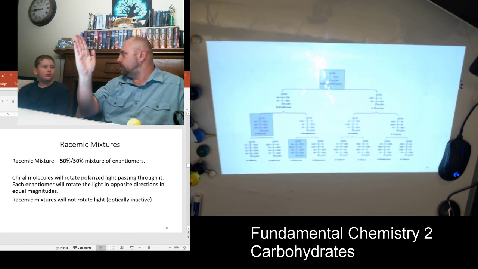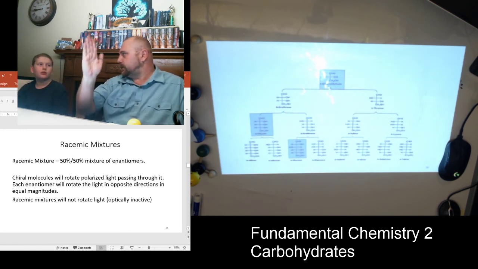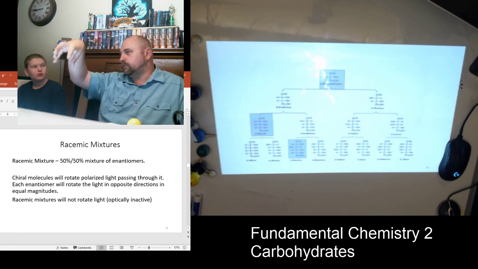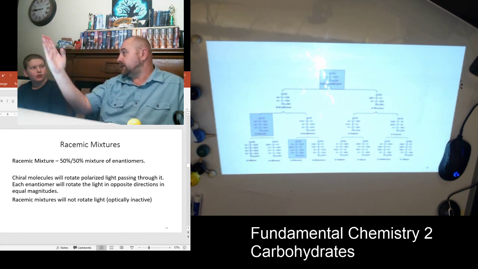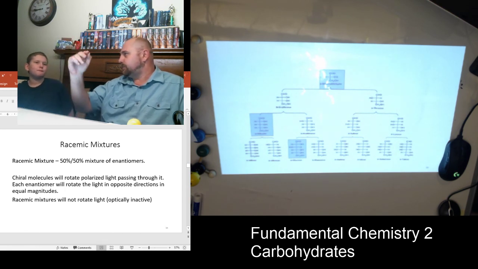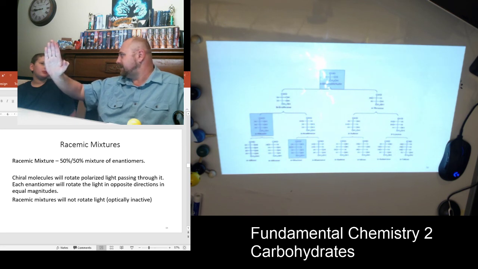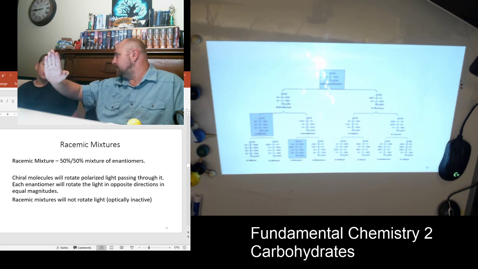So if I put one of those in front of my light bulb, only the light going up and down goes through it. Then I put my sample, and on the other side I put a filter where only up and down light goes through. If the sample rotates the light, I have to rotate that filter until I line it up with the light. Now I get a bright spot where it's coming through.